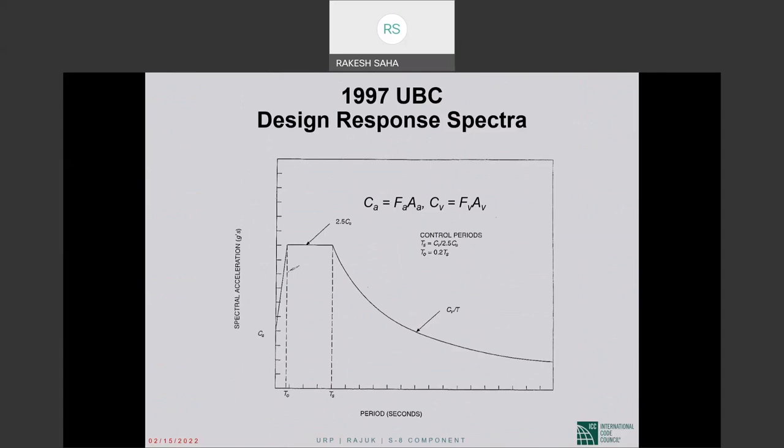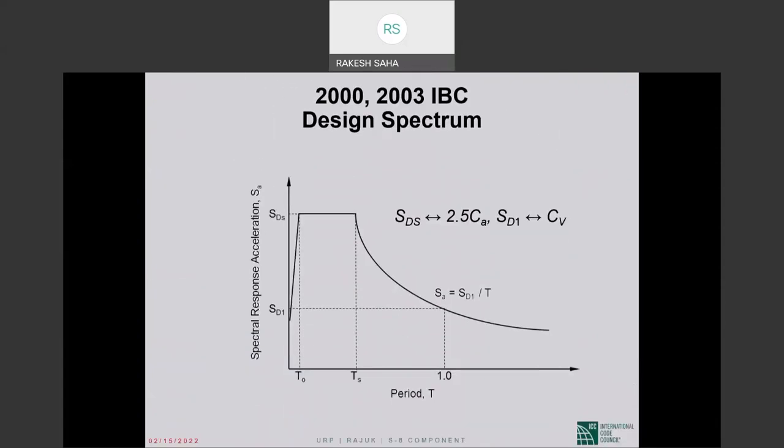Okay? And then coming closer to today, after the 97 UBC, we had the 2000 IBC. This is the design spectrum in those codes.